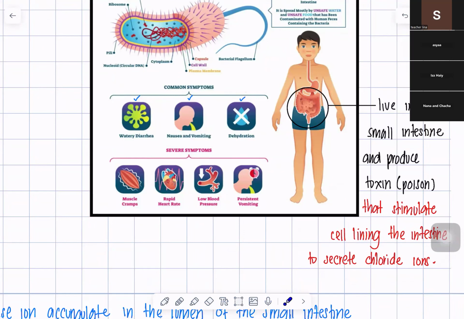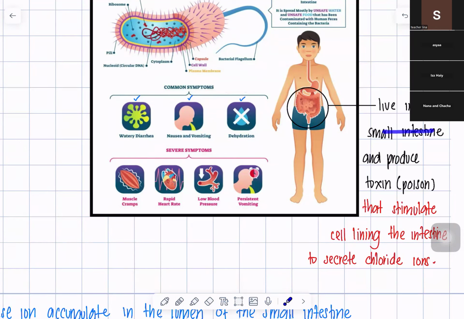That's why I said that when you drink or eat food contaminated with cholera, it will enter the large intestine. When they enter the large intestine, they replicate. They multiply many times, producing a lot of bacteria in the large intestine. After that, it will enter into the small intestine to produce toxin.